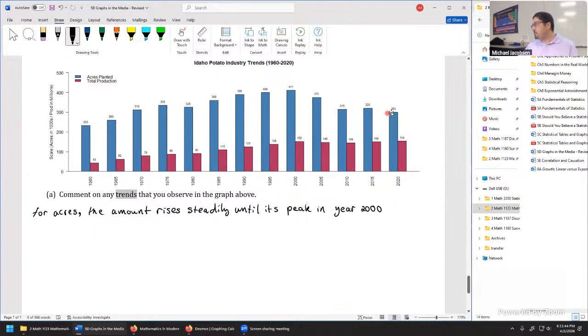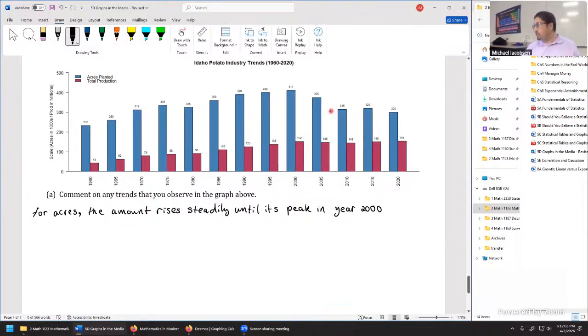It drops, but it seems to somewhat level off a little bit between 2010 and 2020. It went down a whole bunch for a whole decade, then went up a little bit, down a little bit, but somewhat about the same amount across these 3 years.